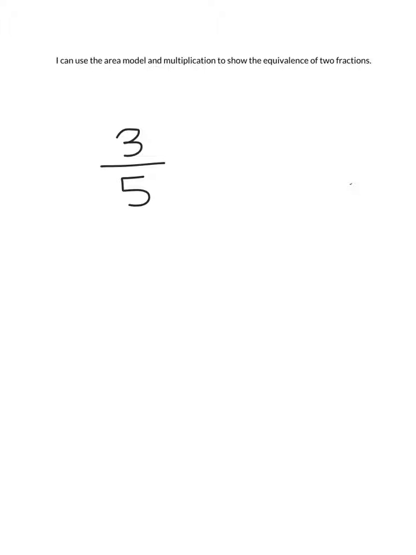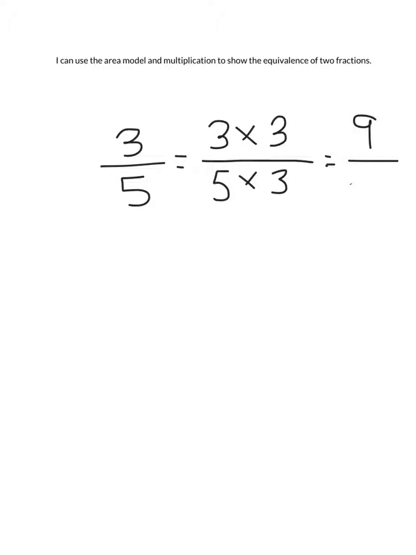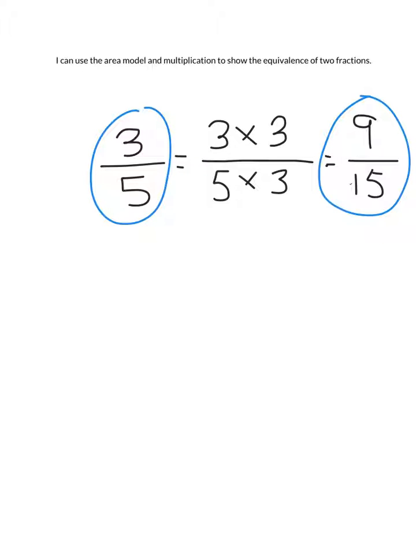So since I'm not being told what equivalent fraction I have to write, I can just choose one, and I'm going to take my fraction, 3/5, and I'm going to multiply the numerator and the denominator each by 3. And that gives me 9/15. So using multiplication, we're saying that 3/5 is equivalent to 9/15.